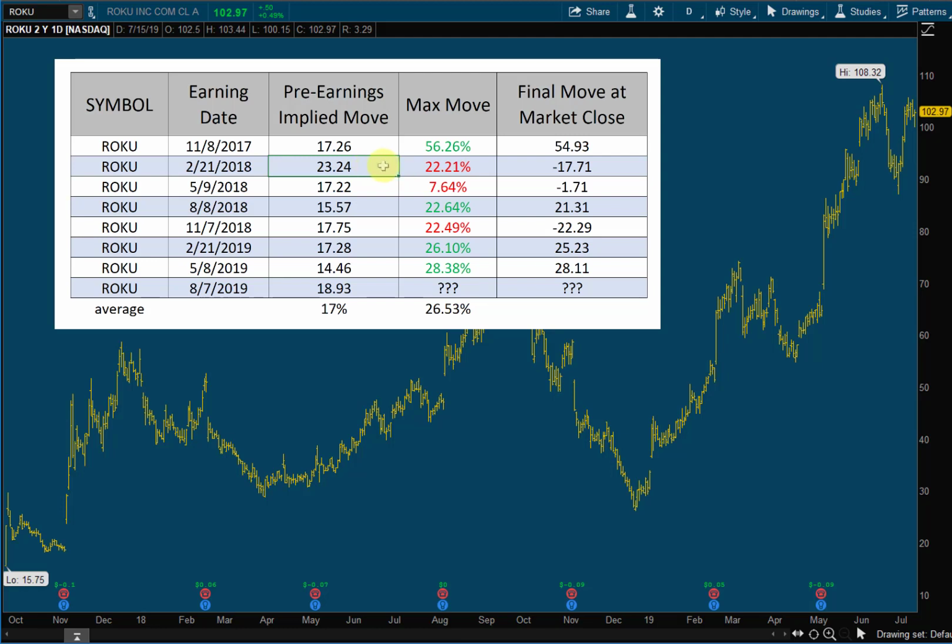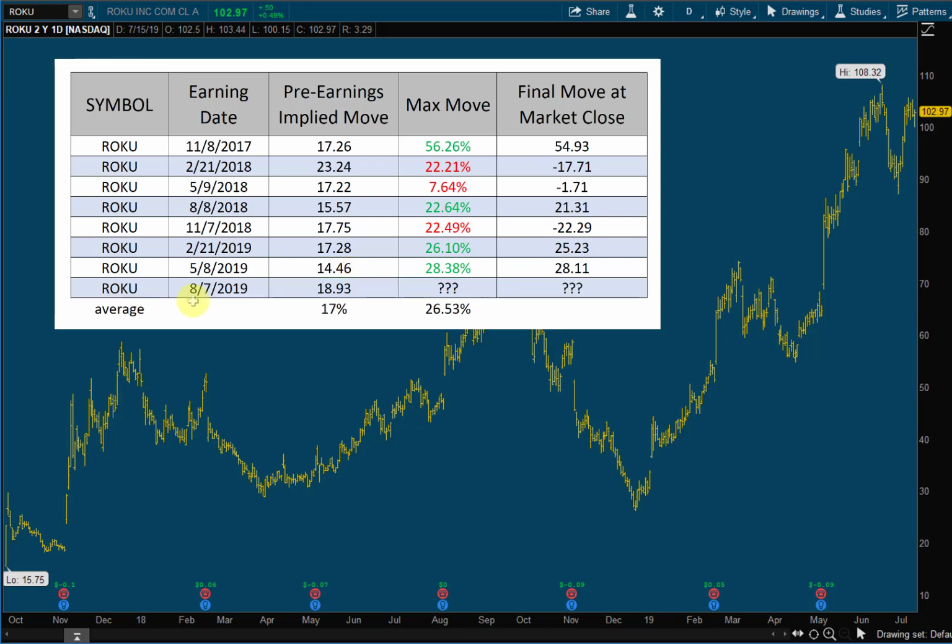This time, you would have been challenged to break even. This time, you would have lost money because it priced in 17%, but the darn thing didn't move at all. So this thing is bad, bad, bad. This one you win, this one you win, this one you win, this one you win, because we look at the max move. This is the expected move. This is the max move.